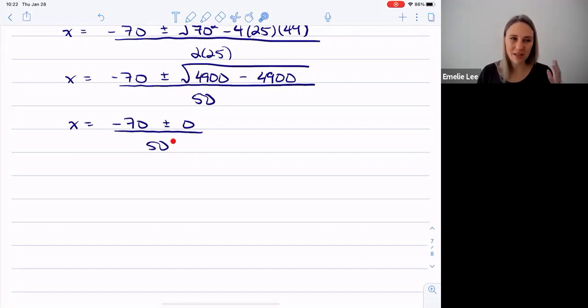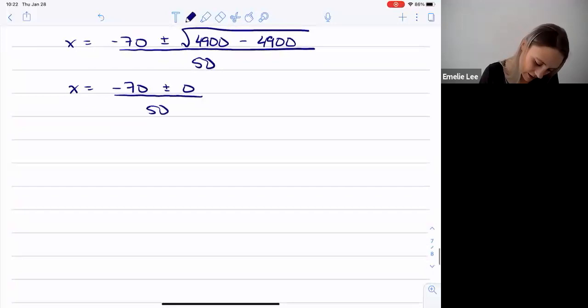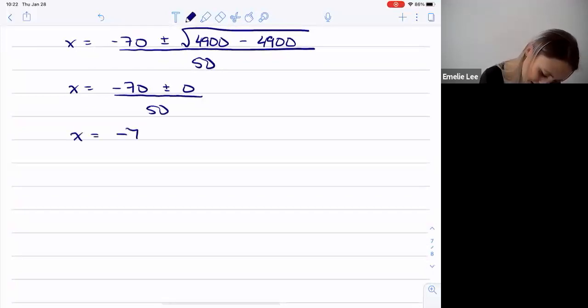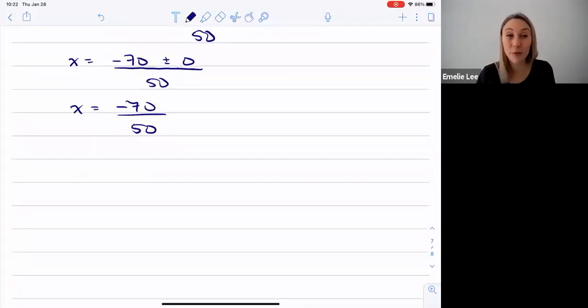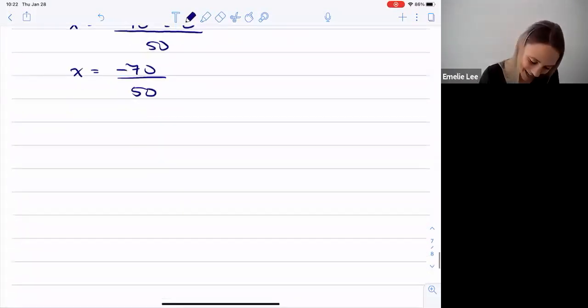But what I have is this factor twice, okay? Because I still kind of cross twice. Now, let's see here. X is negative 70 over 50. 70 over 50, if you have a fancy calculator, just simplifies to 7 over 5, or maybe just a fancy brain.